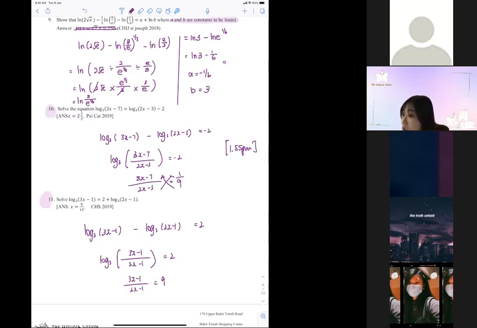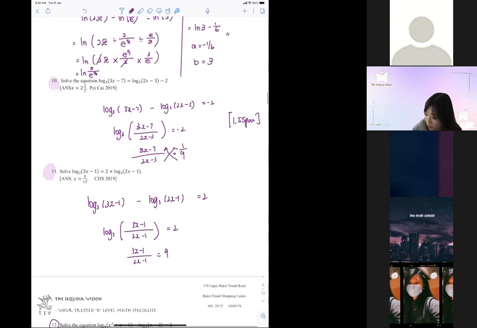Then you know what to do already. Then you will have 3x minus 1 equals 18x minus 9. Minus 1 bring over plus 1 is minus 8. 18x minus 9 minus 15x equals minus 8. Yeah, this part wrong.